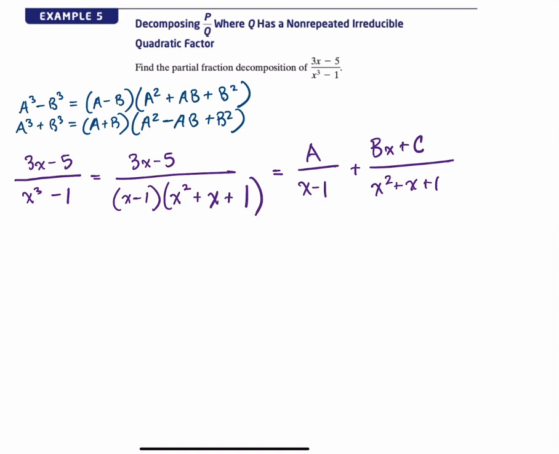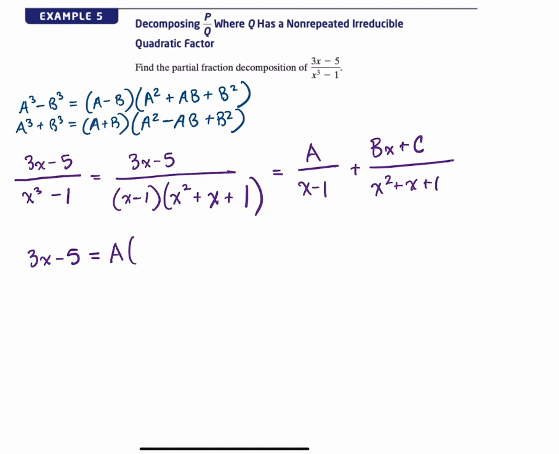So let's multiply everything by the denominator on the left side and think about what will cancel. So we'll have just 3x minus 5 on the left. And then when we multiply on the right side, for the A term, the x minus 1 will cancel, so that will pick up that quadratic factor.